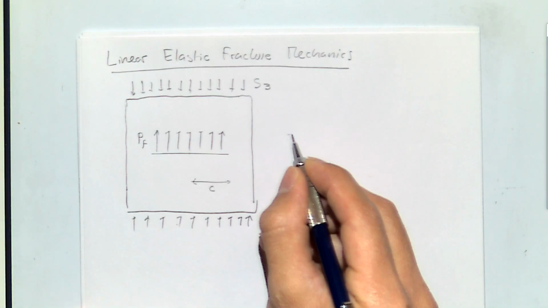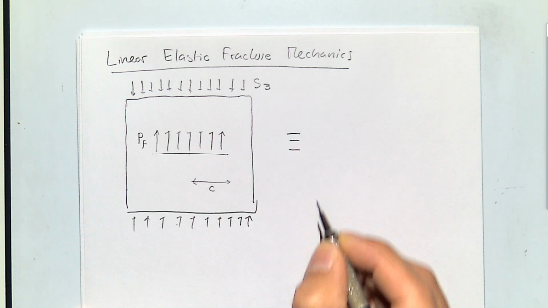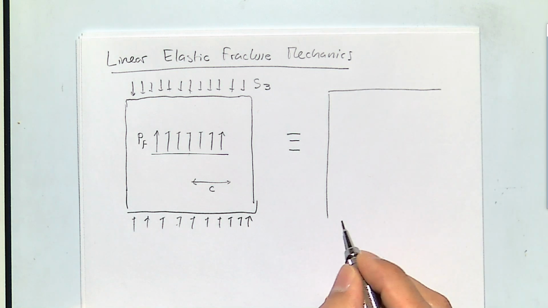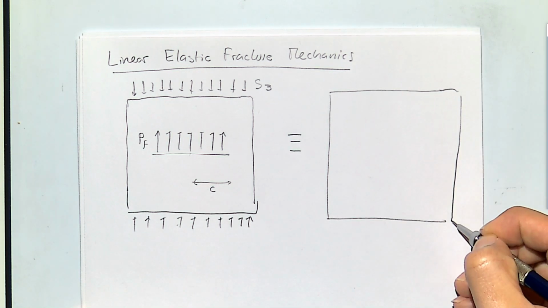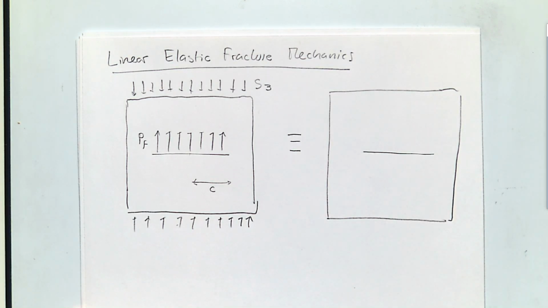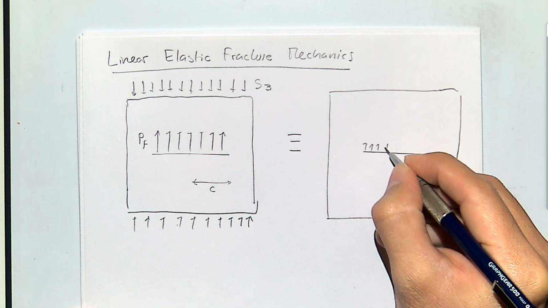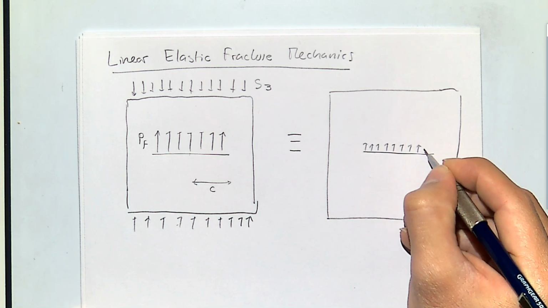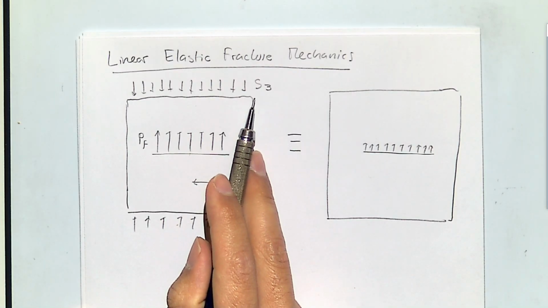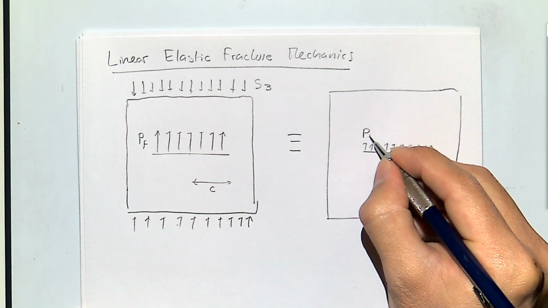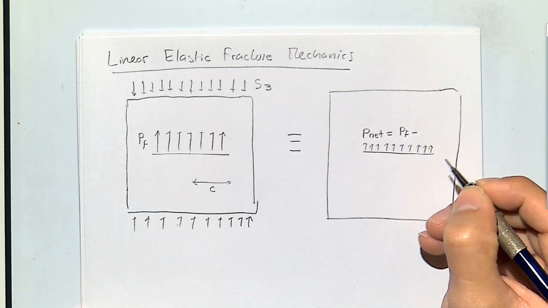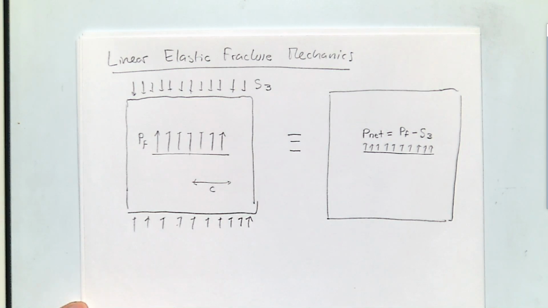And when that's the case, it is the same to solve this problem or to solve a simple problem, in which we disregard the far field stresses, and inside the fracture we just use something which is called, and we have already seen for the leak-off test, the net pressure: the difference between the pressure in the fracture minus the far field stress. Again, this is the difference between the pressure in the fracture and the minimum principal stress.